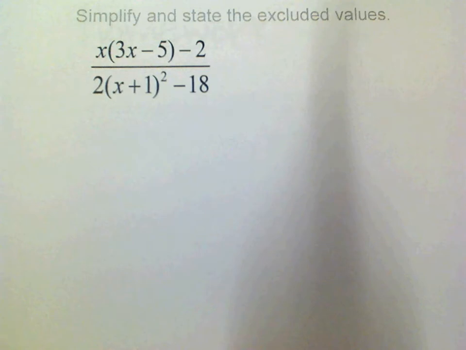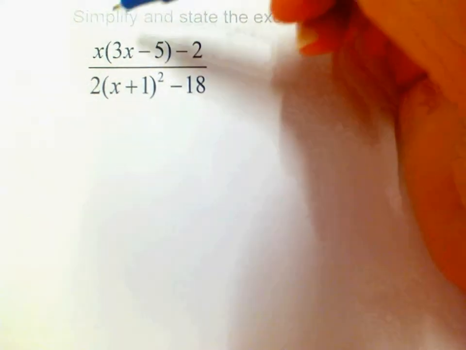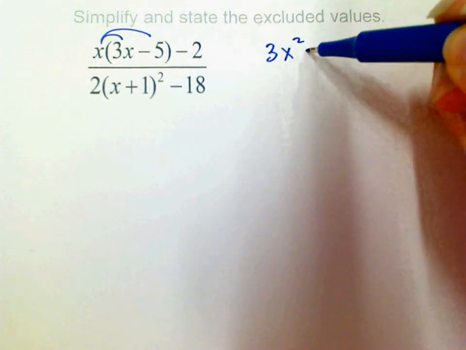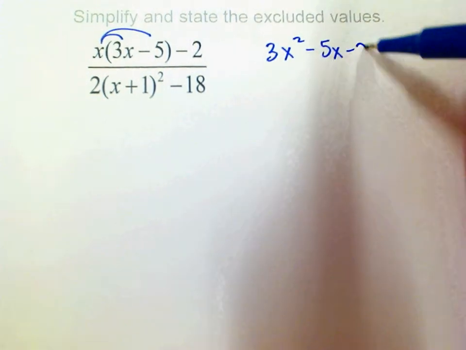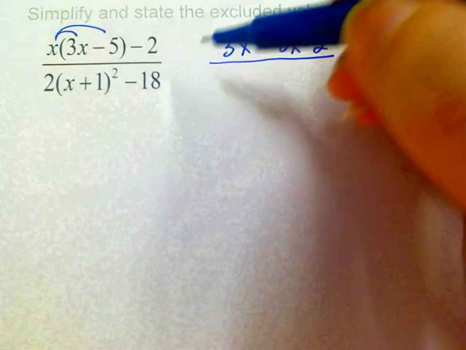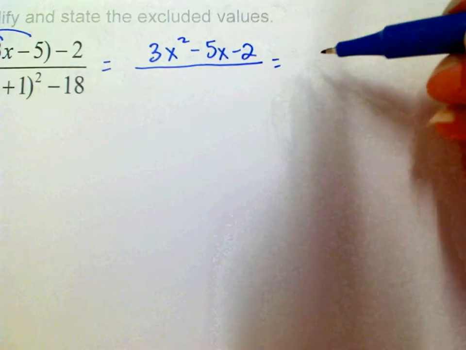Okay, so 3x squared minus 5x minus 2, which I can probably factor because I probably made it to where it does. What are the factors of negative 6 that add up to negative 5?